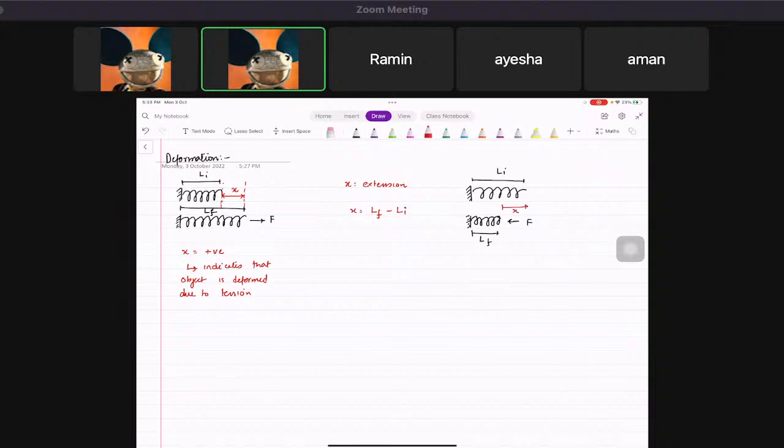So you will find the extension is going to be negative, which basically indicates the object is deformed in compression, and compression is the pushing force, like that. Is it clear, everybody? Please let me know if you have a question. Okay, pretty good. Expecting this to happen.